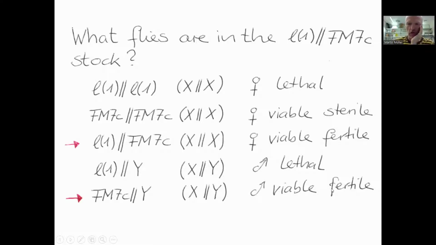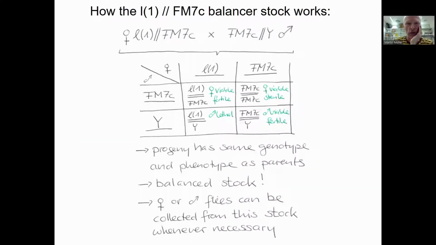So when we cross these with each other, like shown on the next slide, here is the Punnett square, the female gametes, male gametes. We get lethal 1 over Y, which are males, but they die.